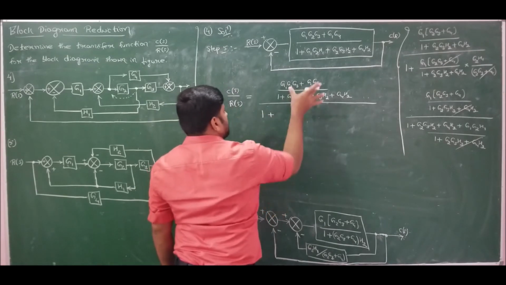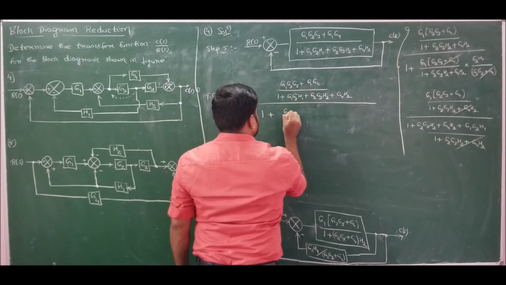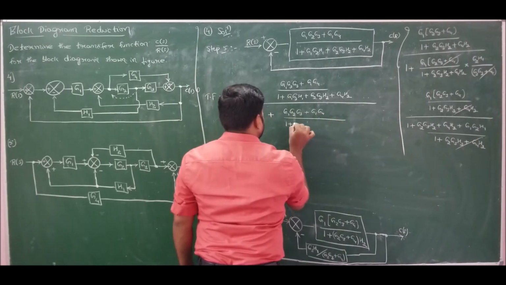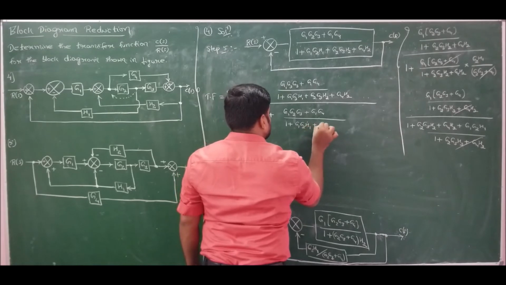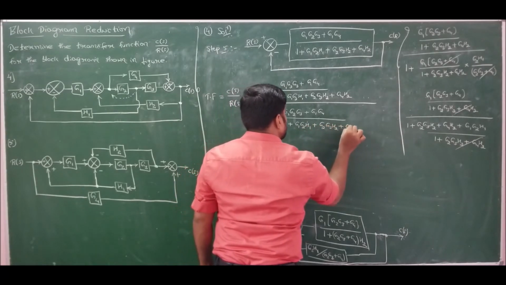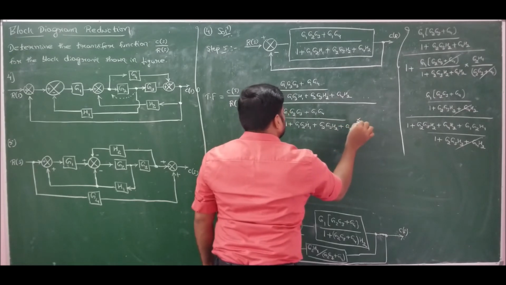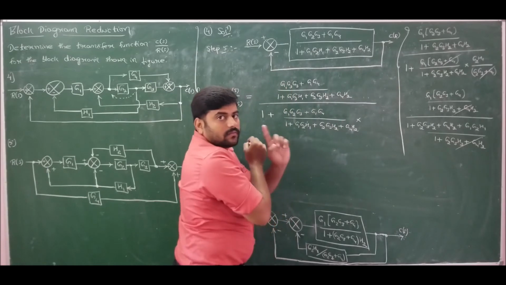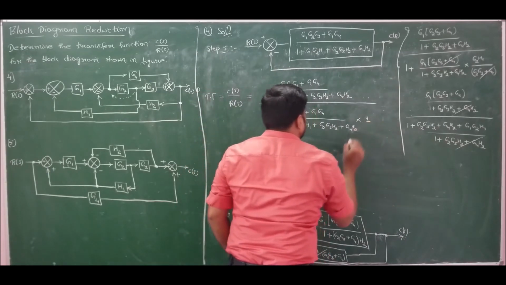1 plus again G of S. G of S is G1 G2 G3 plus G1 G4 divided by 1 plus G1 G2 H1 plus G2 G3 H2 plus G4 H2 into H of S. We have nothing in the feedback line, which means we have unity feedback into 1.